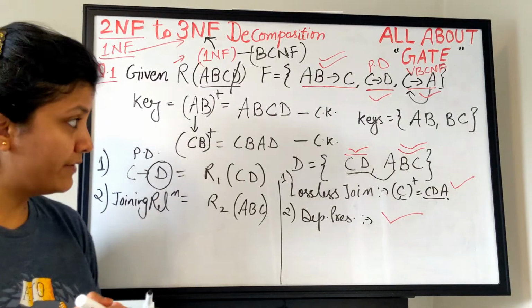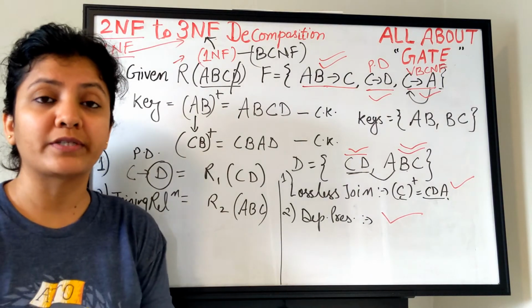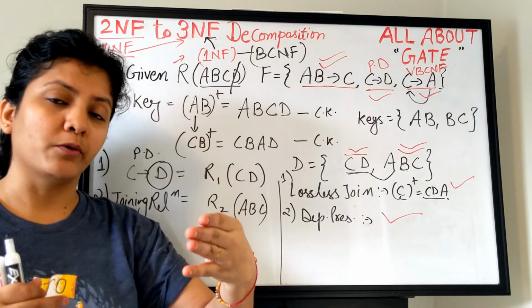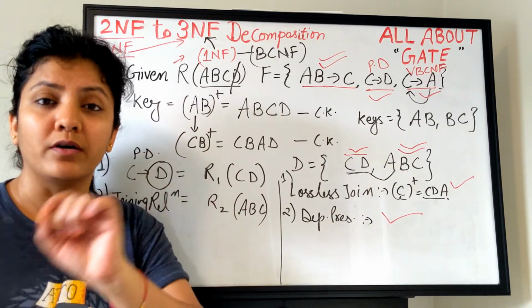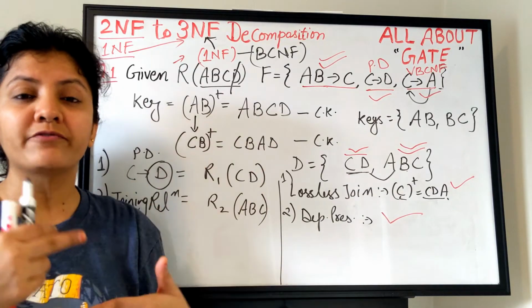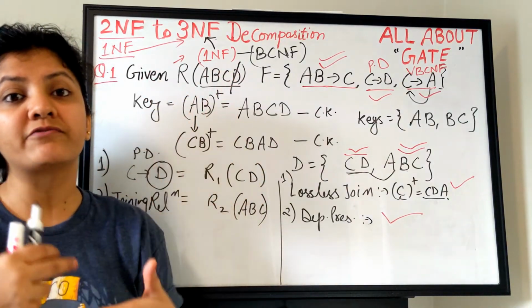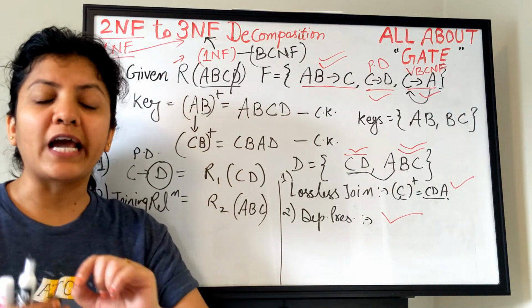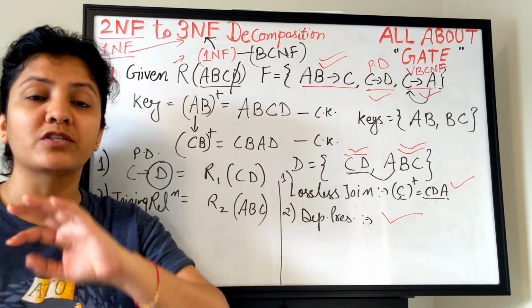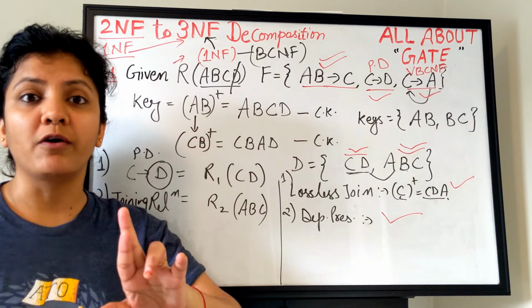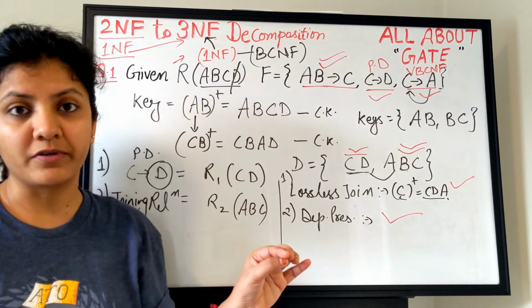With this example, I hope you understood how from the given lower normal form you reach a higher normal form. Exactly the same concept applies whether you go from 1NF to BCNF, 2NF to BCNF, 2NF to 3NF, or 3NF to BCNF. Whatever type of functional dependency is a violation for that higher normal form, just make a separate relation for that.